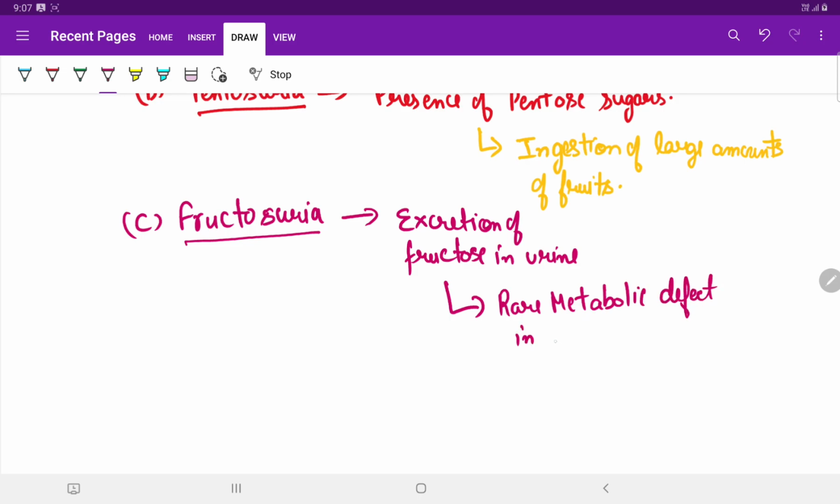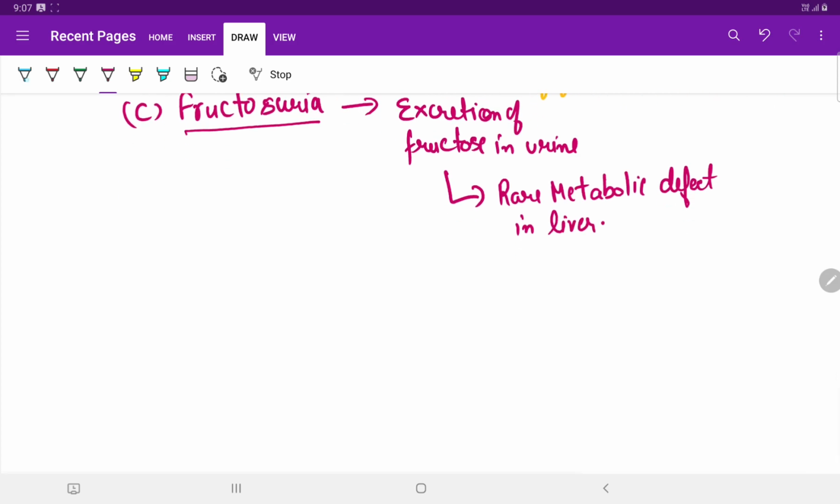The next comes lactosuria. In lactosuria, there is an excretion of lactose in the urine, and it is common in case of lactating women, but not during pregnancy.